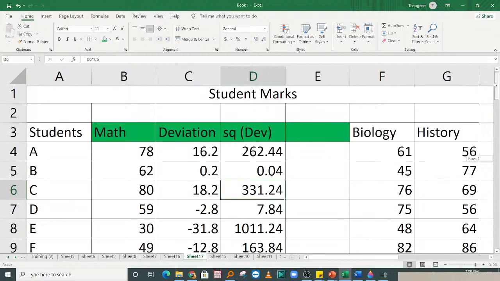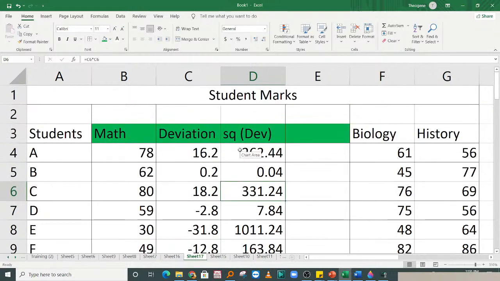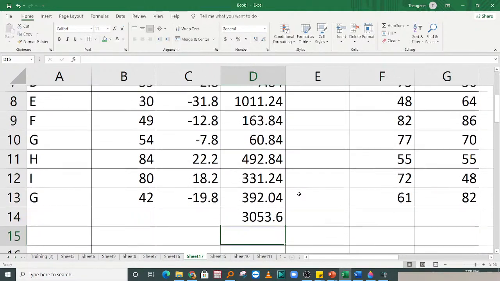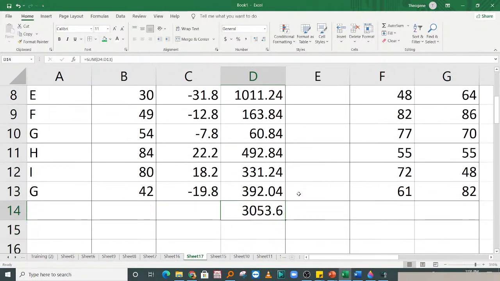The sum of the squared deviations, over the average, then I calculate the square root.